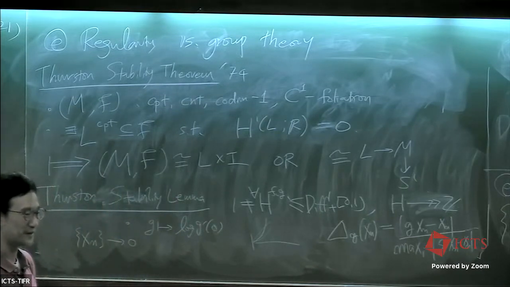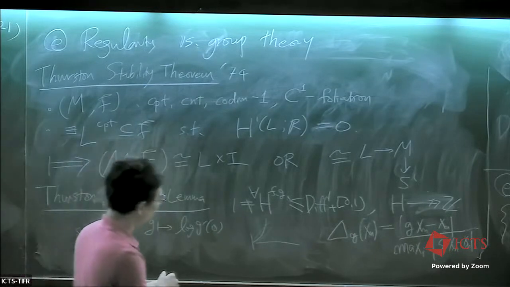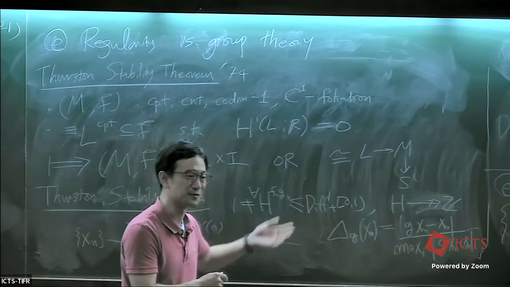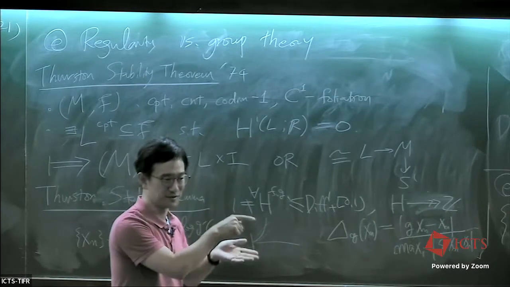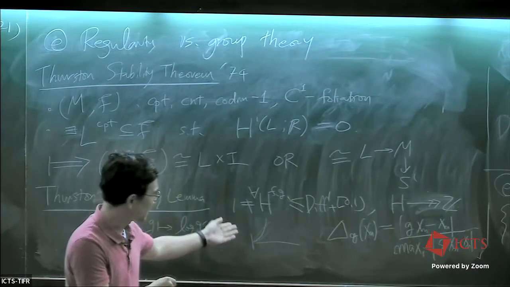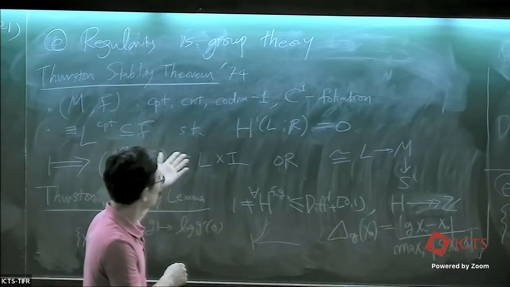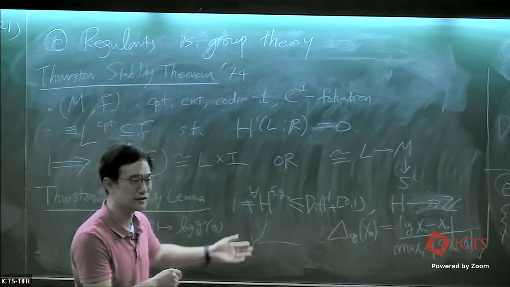Something like pi_1 of M. But more precisely, you will have to consider C1 germs of diffeomorphism groups and homomorphisms from pi_1 of L into that thing. And then this lemma will give you that pi_1 of L cannot be trivial.